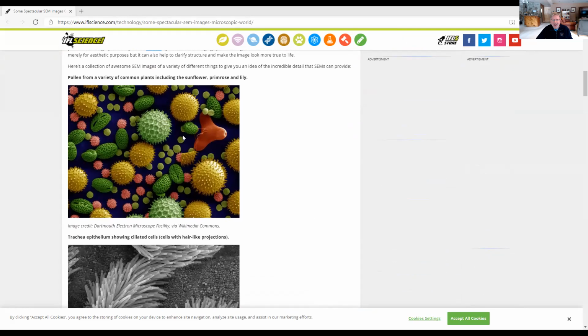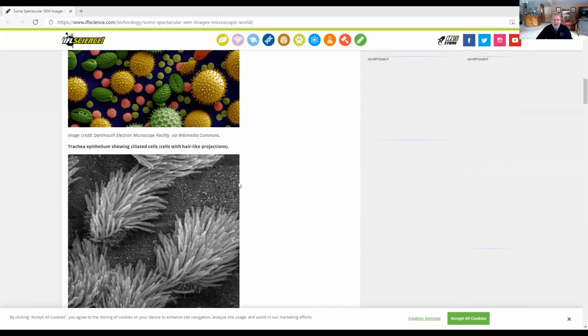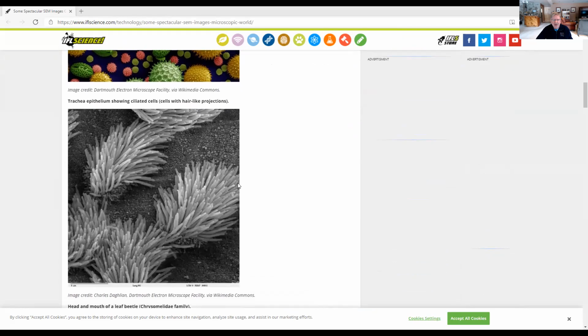Here's pollen from different kinds of flowers, including sunflower, primrose, and lilies. In A&P, we talk about the pseudostratified ciliated columnar cells that line our trachea. Well, here are the cilia emanating from those epithelial cells. Again, giving you a three-dimensional surface view.